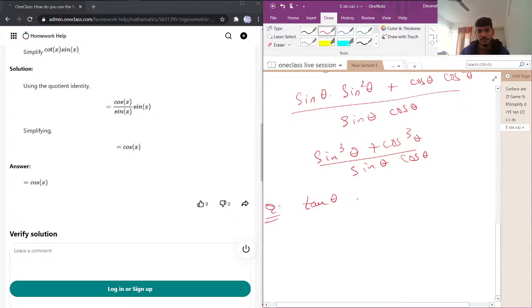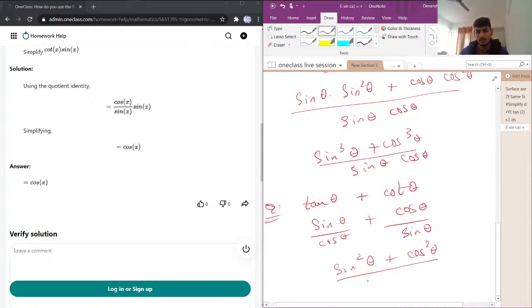Tangent of theta plus cotangent of theta. So tangent is sine theta over cosine theta plus cosine theta over sine theta. We'll take the LCM, so sine squared theta plus cosine squared theta over cosine theta sine theta.